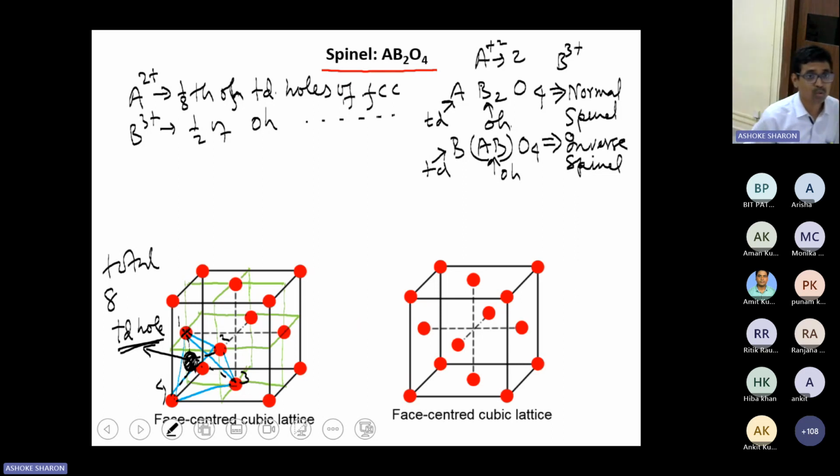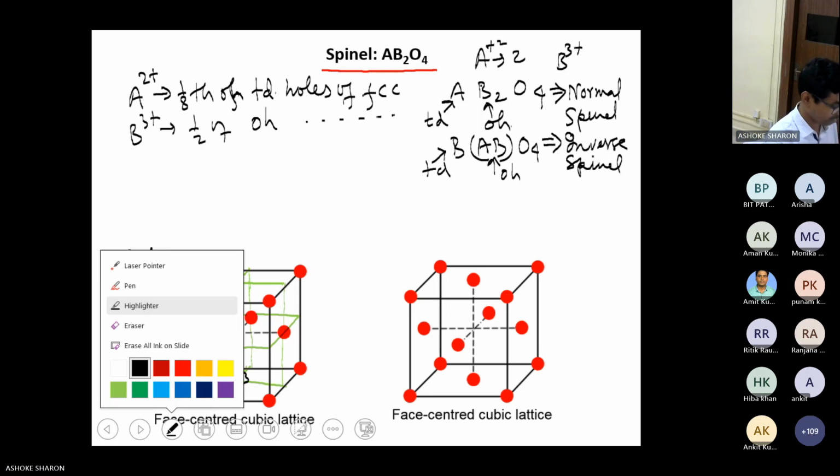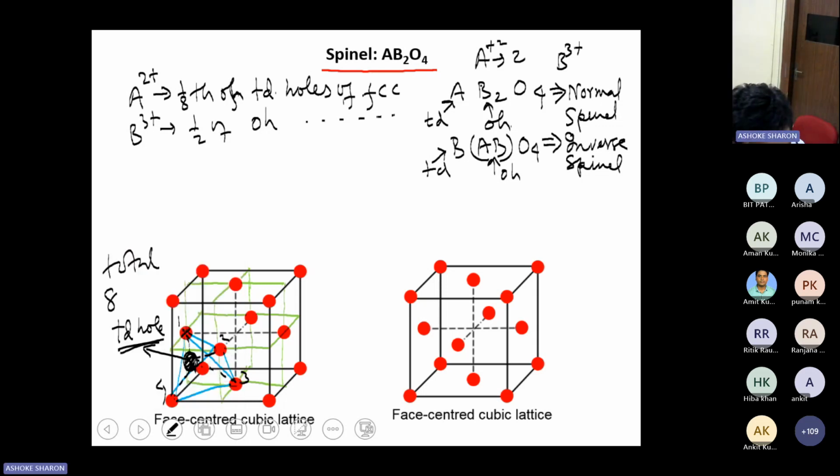Next, let's try to understand the octahedral hole. First of all, you can consider the center of the cube, because it is surrounded by 6 lattice points which are placed in an octahedral way.